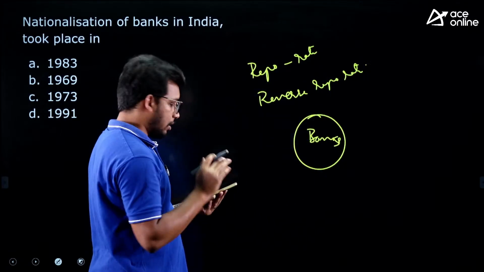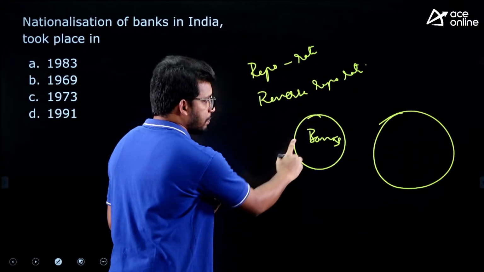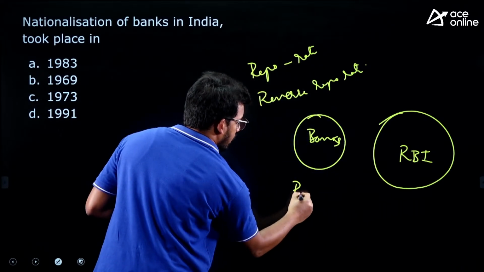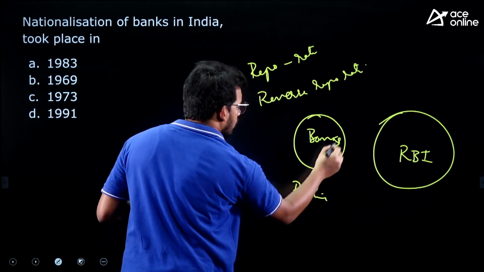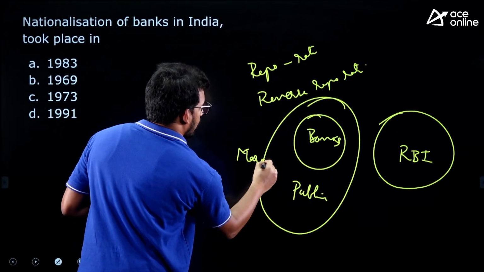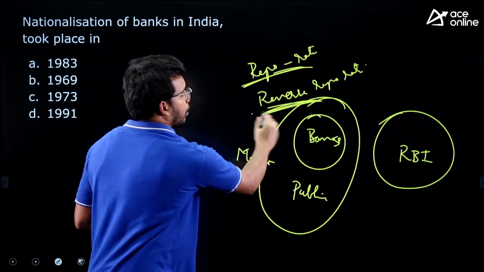Try to listen carefully. You should answer the previous question. This is banks, this is the RBI, this is the public. This is very important because many times questions are asked on it. This is all the market. Now there are two things, repo rate and reverse repo rate.